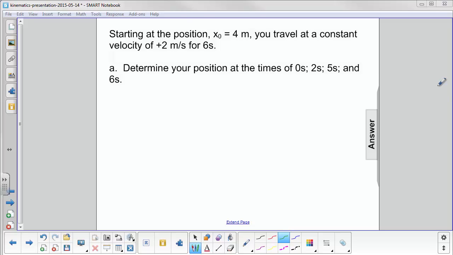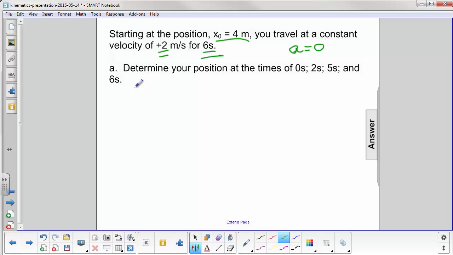We are going to start an object at a position of x0 equals 4 meters, and we're traveling at a constant velocity of 2 meters per second for 6 seconds. And we want to find where we are at various times. Well, let's see what this tells us. What does constant velocity mean? Well, that means that acceleration, which is the change in velocity over time, is equal to 0.